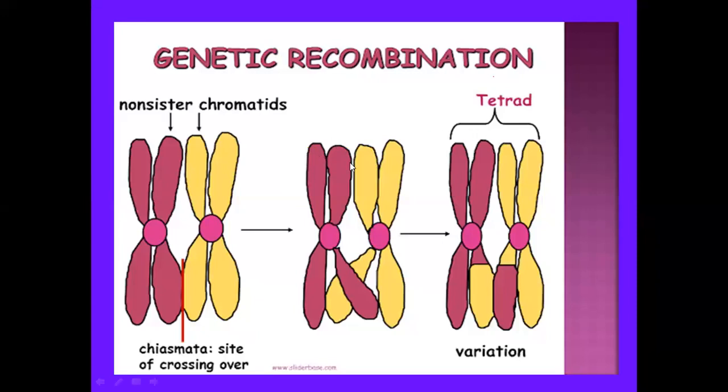See here, it is clearly shown and easy to understand when you watch this slide. These are non-sister chromatids. Crossing over takes place in these non-sister chromatids, and here exchange of genes takes place. Due to exchange of genes, what happens? Recombination takes place.